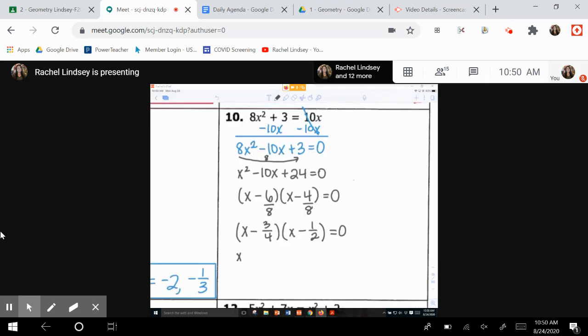Then using zero product property, we can solve for our x values. And what are my two x values? 3/4 and 1/2.